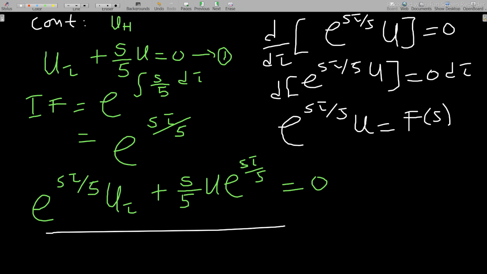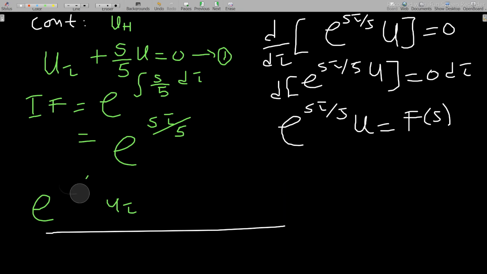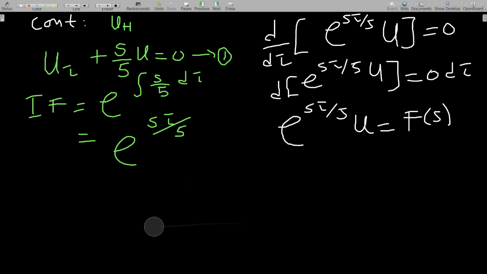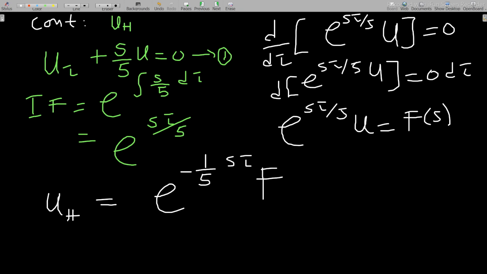And simply my u, which is the homogeneous solution, will then be given by what? Divide through by e to the s tau over 5, and I'll get u, which is the homogeneous part, is equal to e to the negative 1 over 5, then tau s, or s tau, anyhow you call it, times F of s.